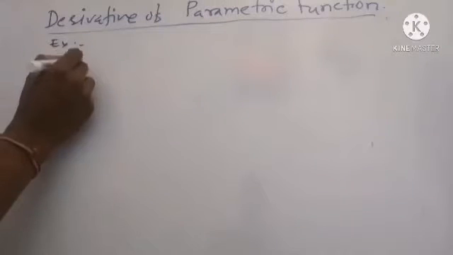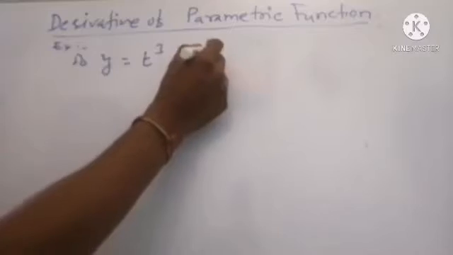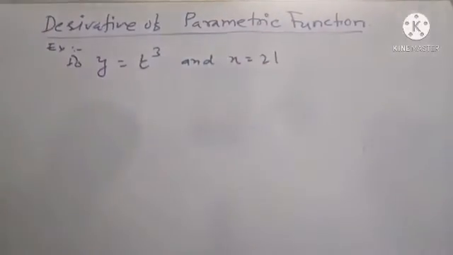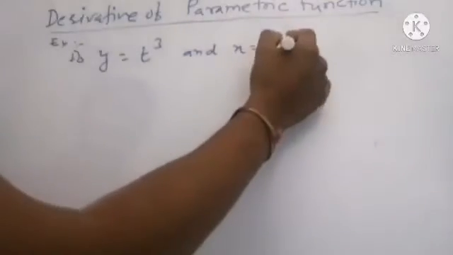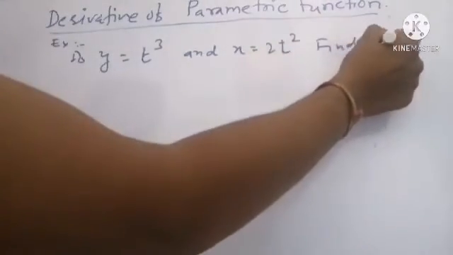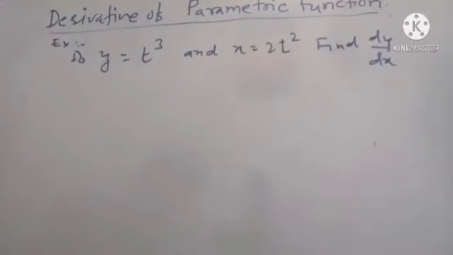Example: y is equal to t cube and x is equal to 2t square. Find dy by dx. Yes, the examples are like this only.